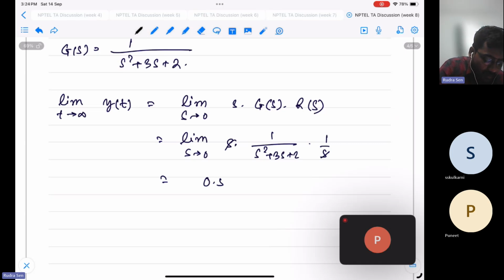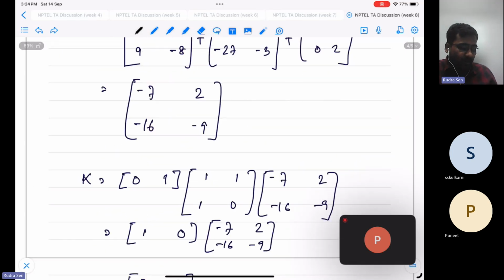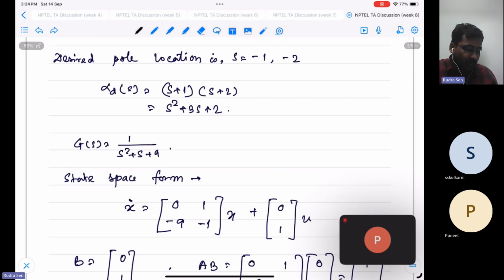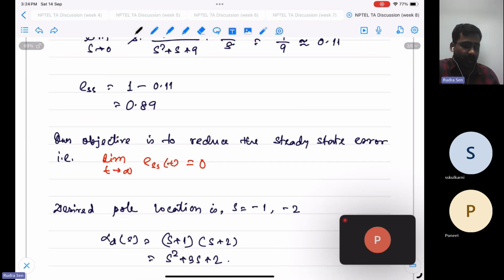So you will see the steady state error ESS is 0.5.